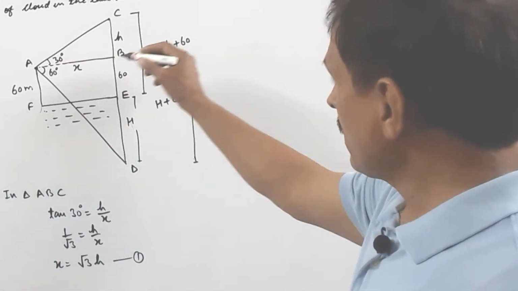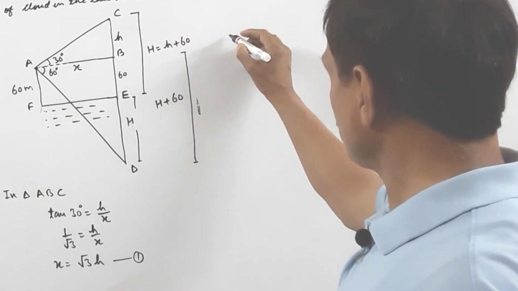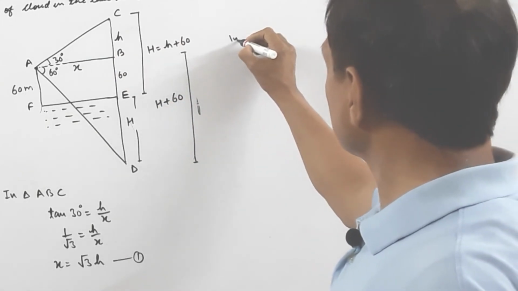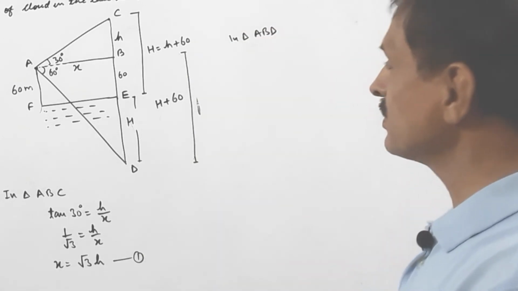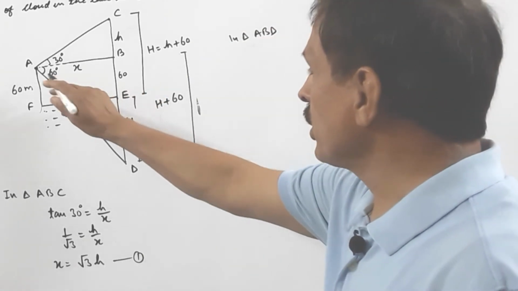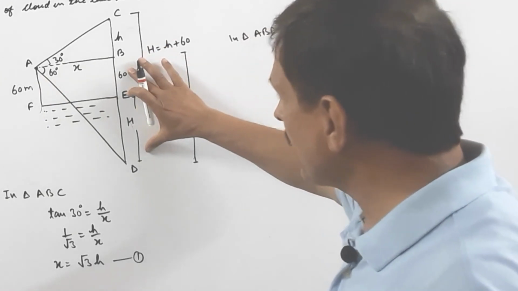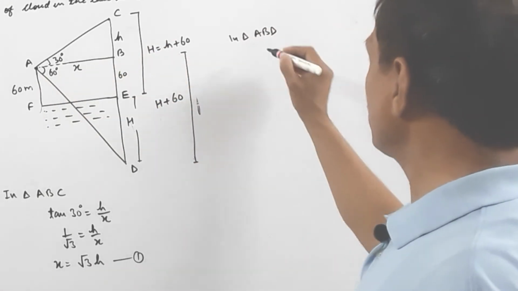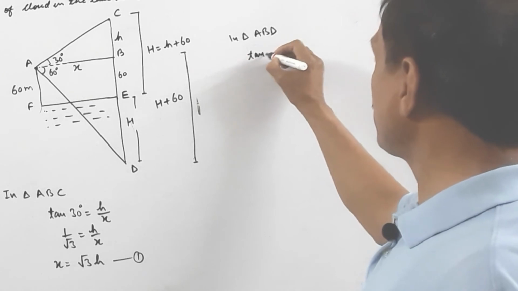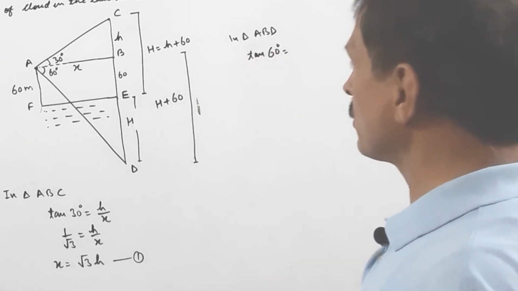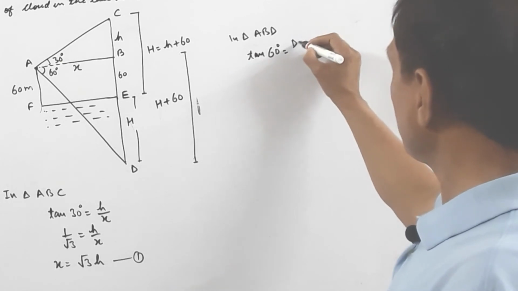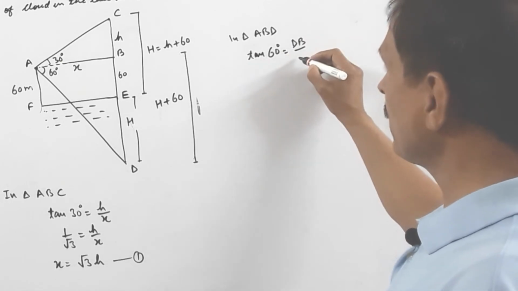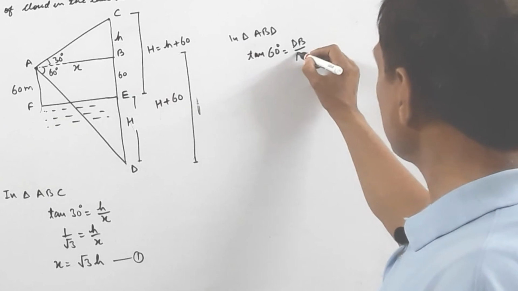Now in triangle ABD, because we have BD perpendicular and base AB, tan 60 degree is equal to DB upon AB.